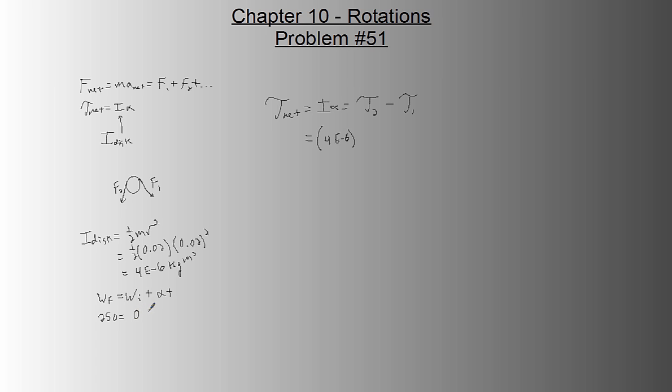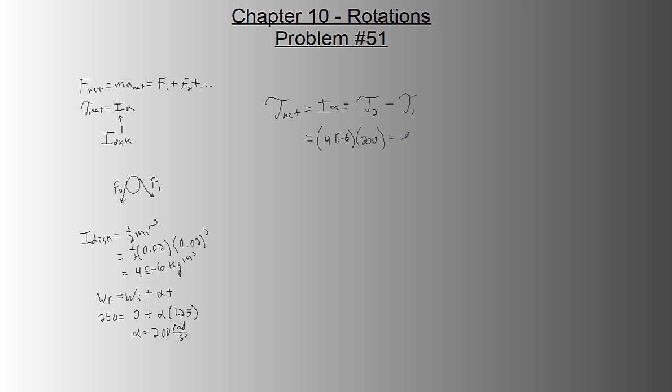Starts at rest, and it takes 1.25 seconds to reach that speed, so times 1.25, and solve for alpha, and you get 200 radians per second squared.